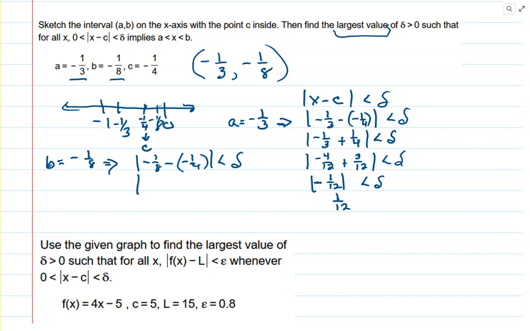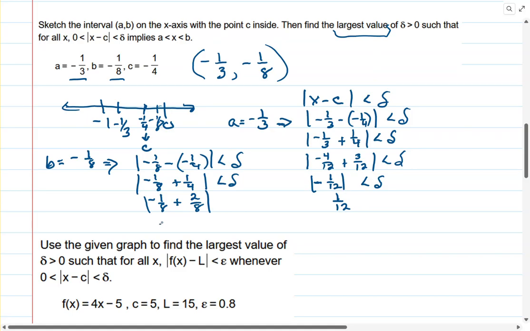Two negatives make a positive. Now this one is 8, isn't it? So I'm going to have a negative 1/8 plus, and that's 2 8s, right? So I'm going to have 1/8.